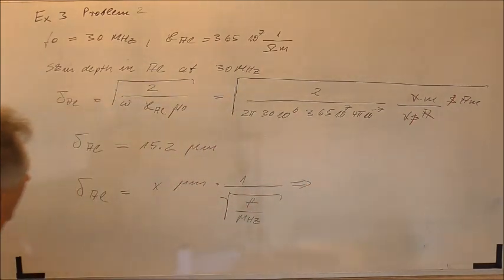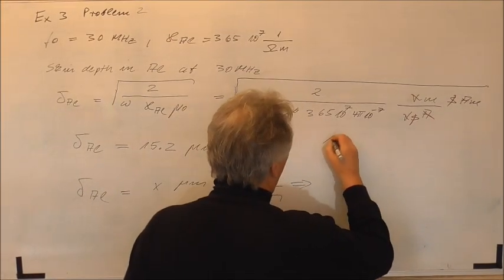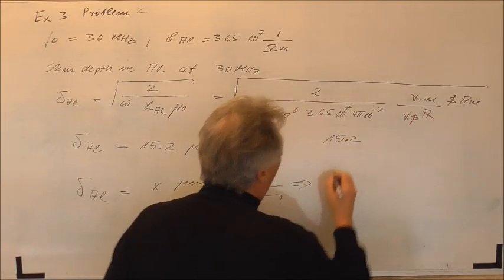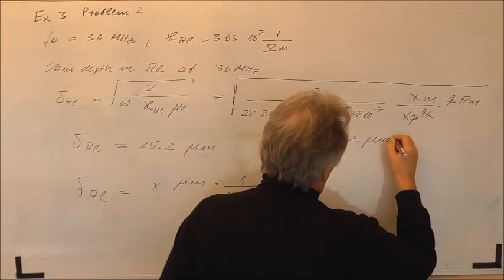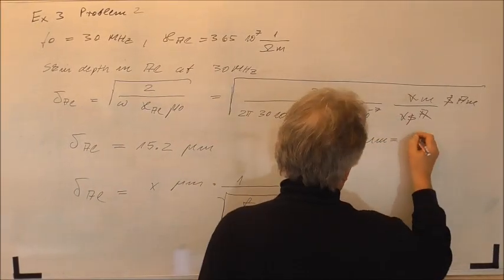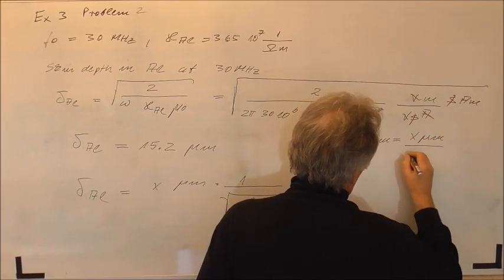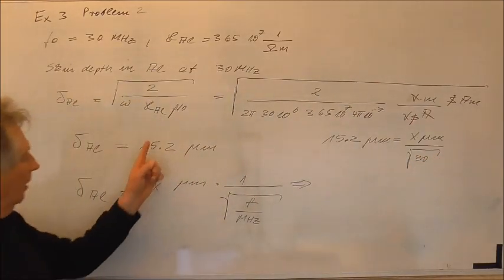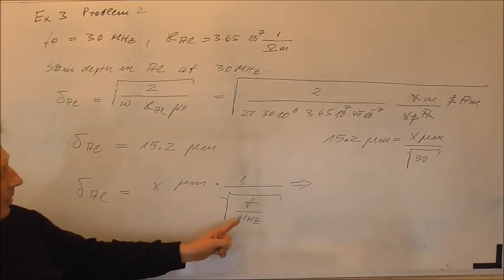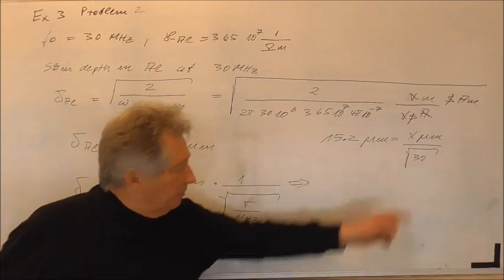So we can write 15.2 micrometer will be equal to x micrometer divided by the square root of 30, because if I insert the frequency in megahertz, the unit will cancel and we will only have the 30.